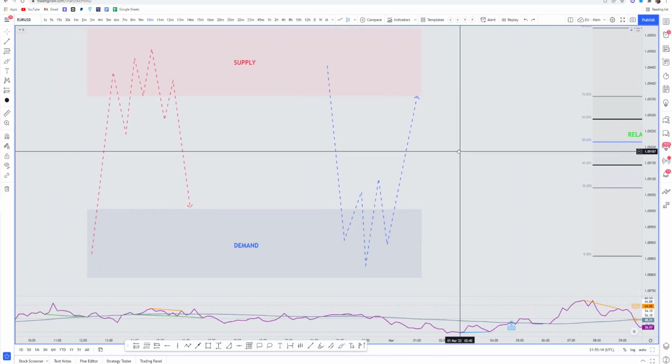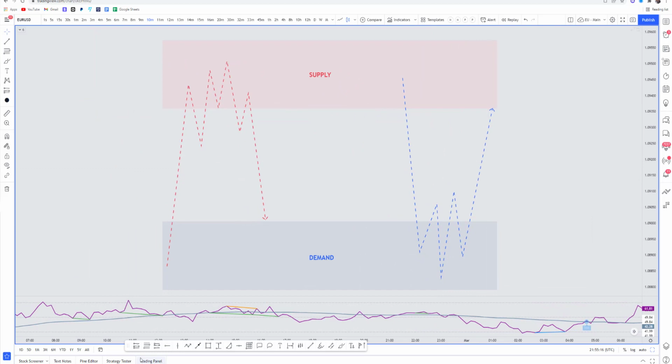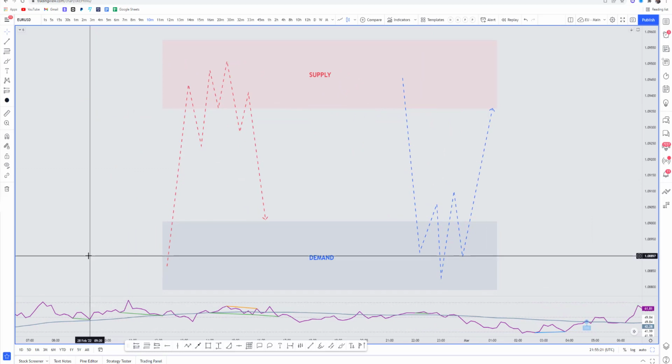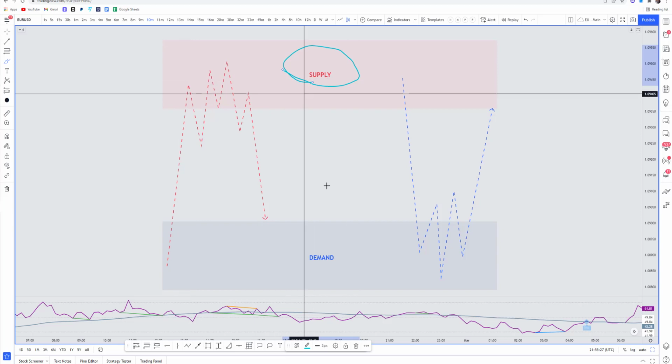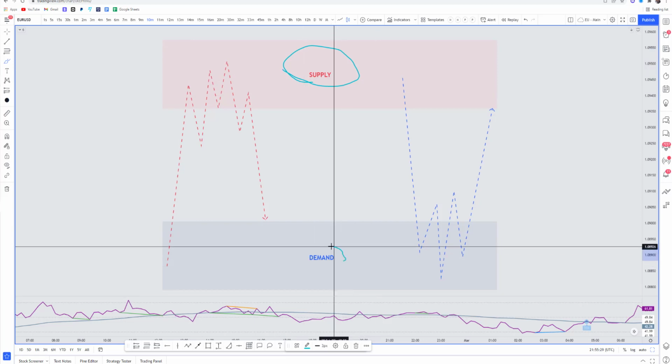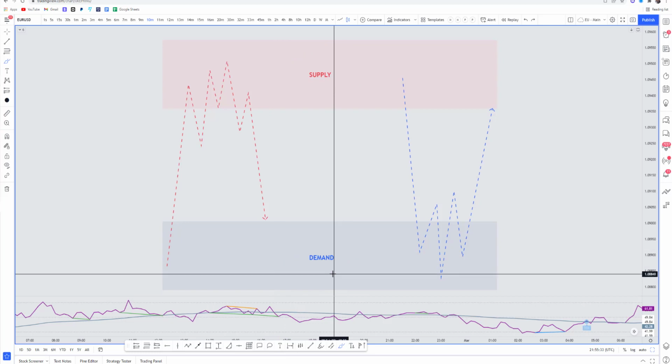Step two, we have the law of supply and demand. How does the law of supply and demand work? Well, the concept is we're either in oversupply of something or we're in demand of something. Now, this applies across any market, whether it be corn, soy, sugar, oil, crypto, stocks, forex. It doesn't matter what it is.